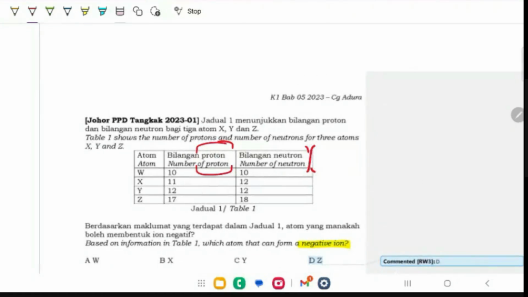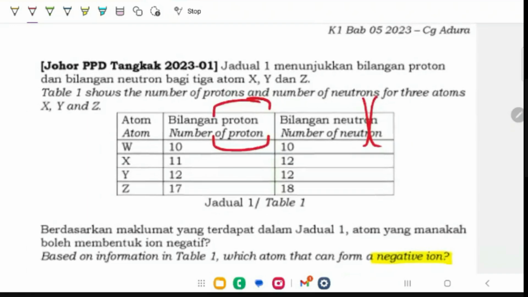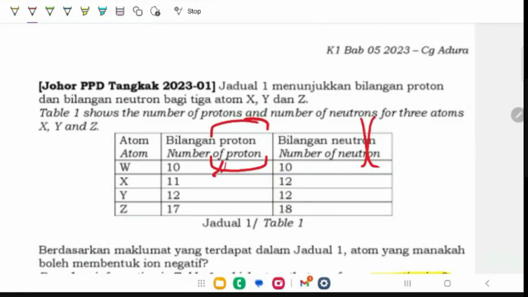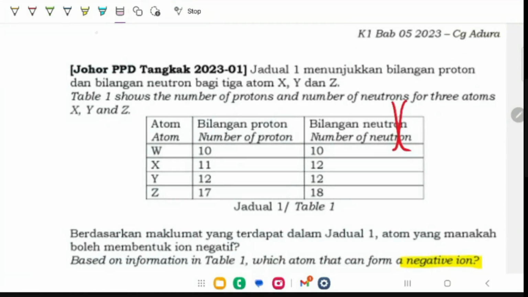Don't look at the neutrons. So W is 2.8. How about X?